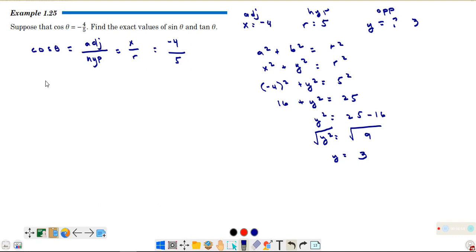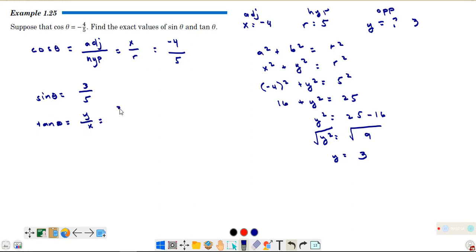So, meron tayong cosine. Kunin natin si sine. Sine theta is equal to the opposite y, 3 over the hypotenuse, 5. Yan. Cosine, sine, tangent. Kay tangent naman tayo. Tangent theta is equal to y over x, or the opposite over the adjacent.